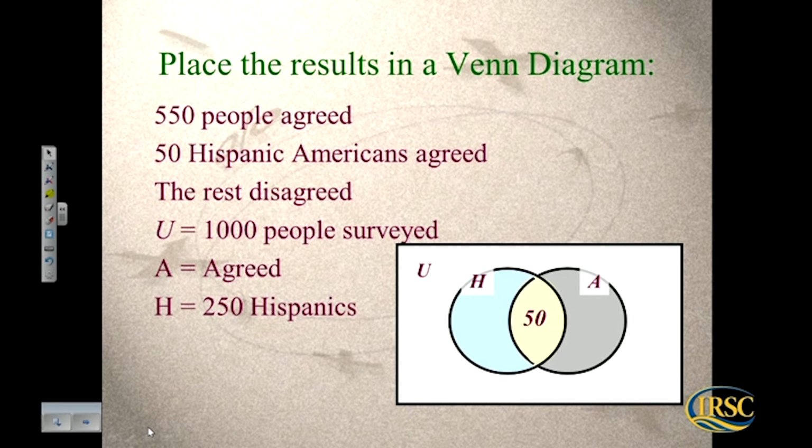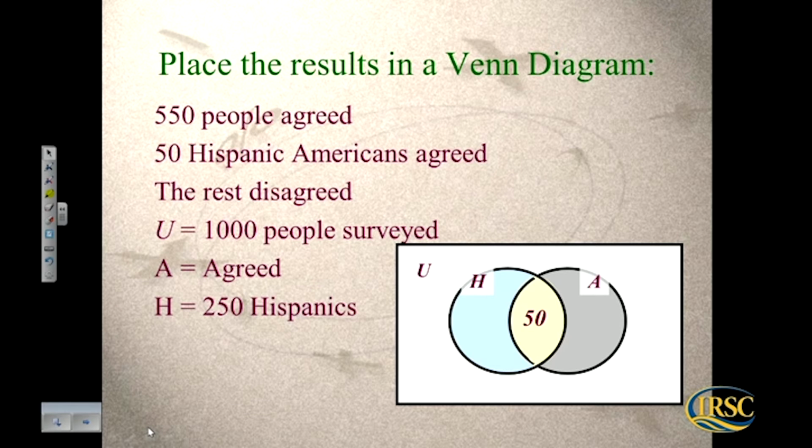So now if I move to the blue region, you have to ask yourself, what does that region represent? The Hispanics that didn't agree, right, okay? And there's a couple ways you can look at it.